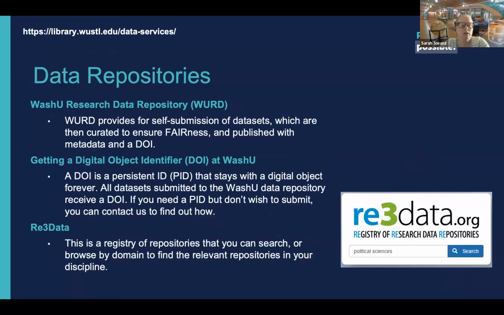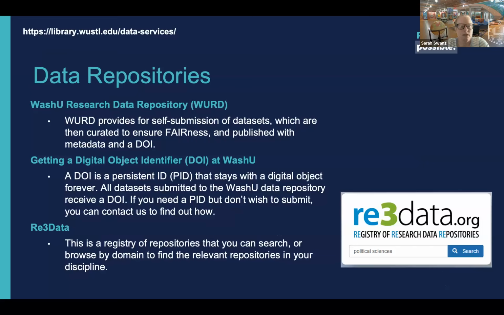Earlier, I talked about some available data repositories when looking for data, and here are some for depositing data. There is the WashU research data repository, where you can submit things and then the data services team curates them to ensure FAIRness. So we'll give you feedback on how good your README is and that sort of thing.